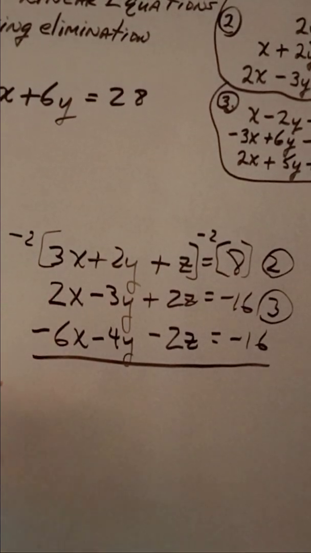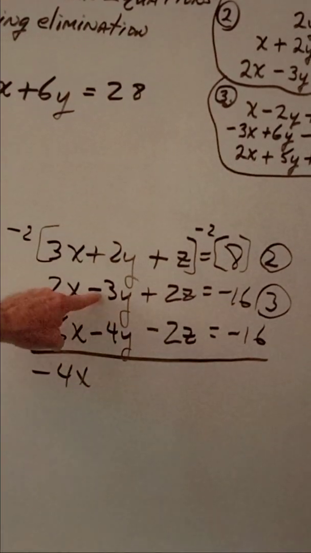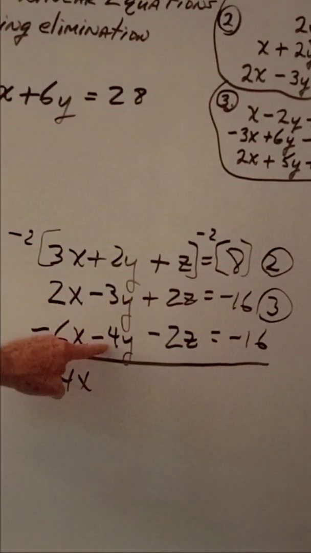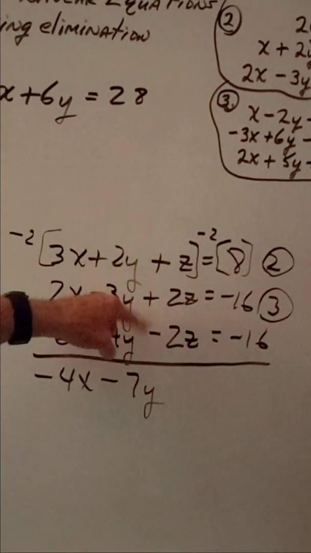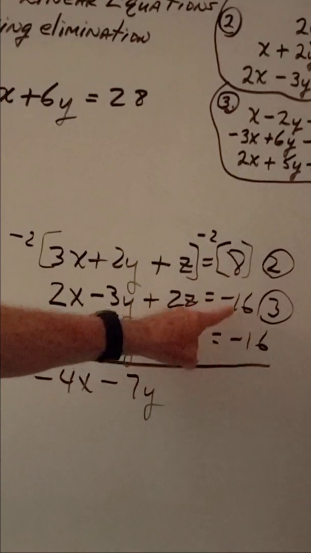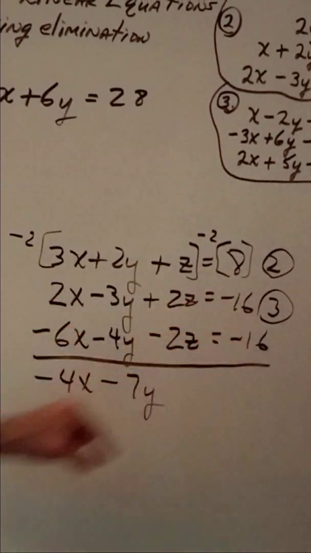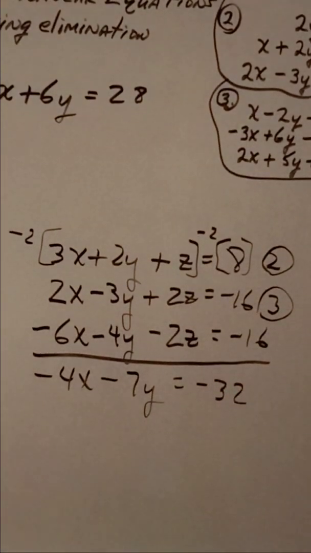2x added to a negative 6x, a negative 4x. Negative 3y added to a negative 4y is negative 7y. The z's go bye-bye. The constant terms, we've got a negative 16 coupled with another negative 16. That's negative 32.